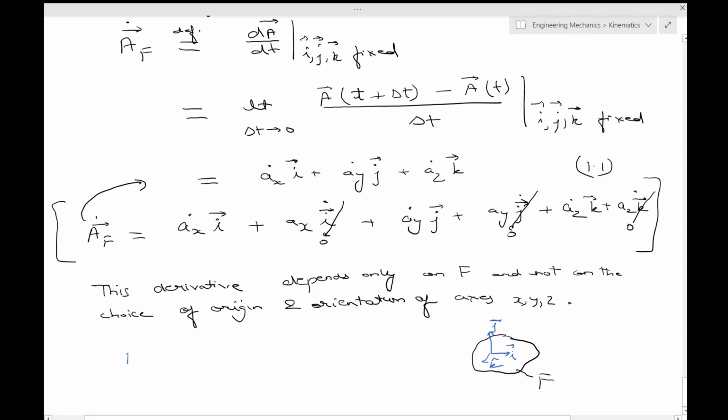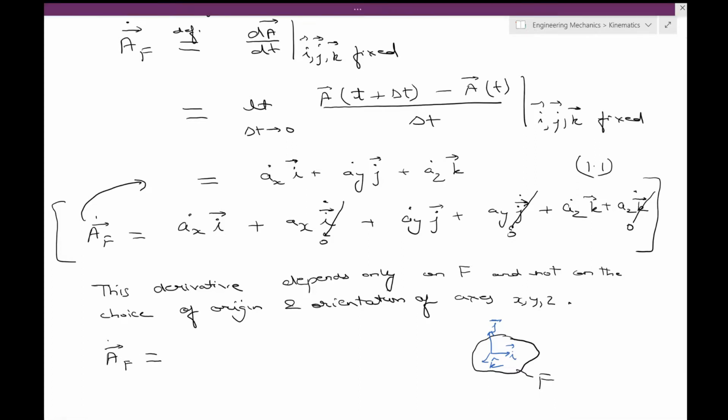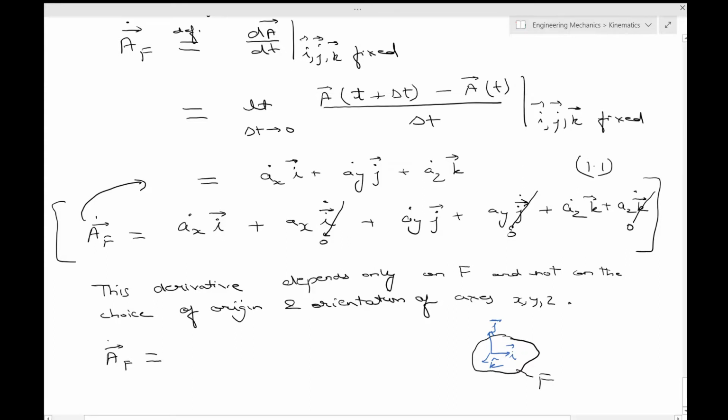You can then write A dot F is equal to ax dot i plus ay dot j plus az dot k.